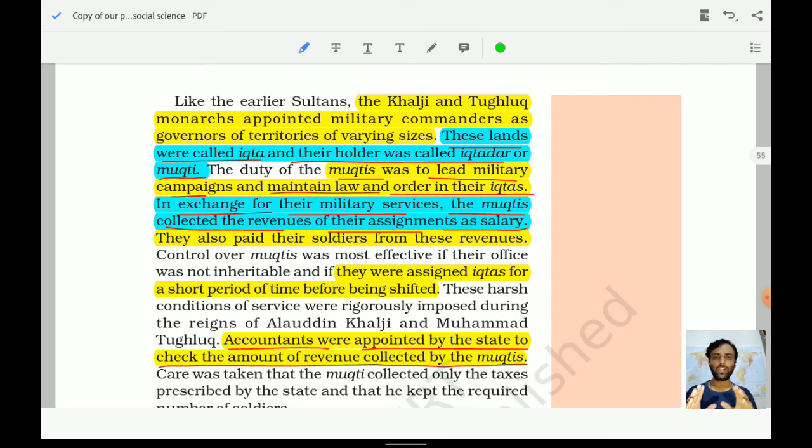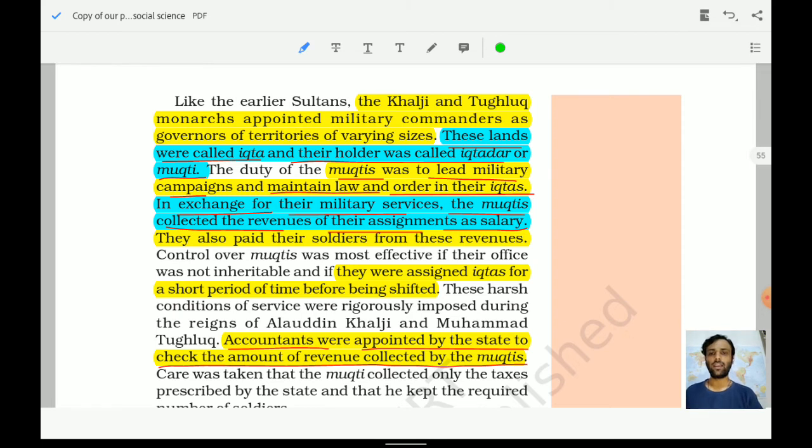This was done to make sure that these people did not get that power and influence and money, because after having all this money and power, and maintaining so many military persons, they might revolt. So to avoid all these conflicts, this type of administration was introduced.